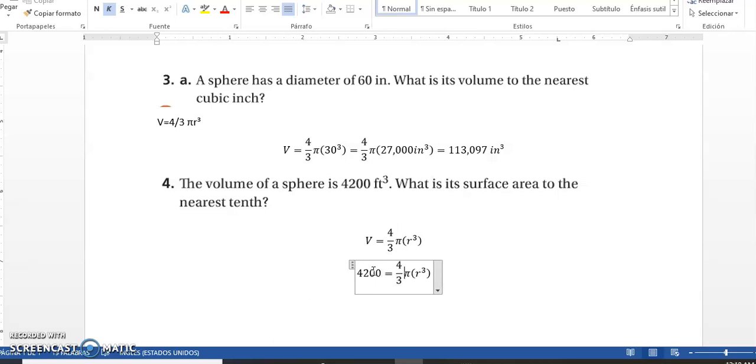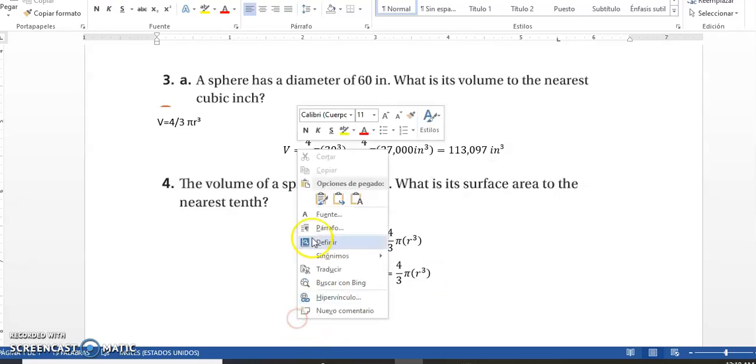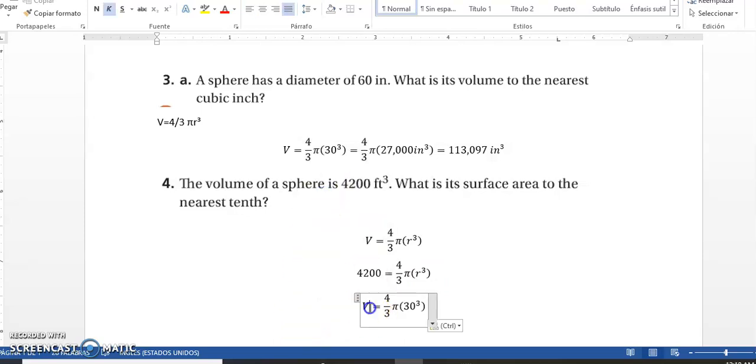If we are looking for this radius, if we solve this equation, the number 3 that is multiplying here, in this part, is going to divide.